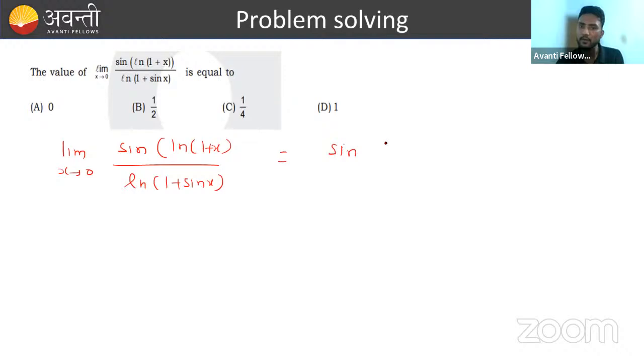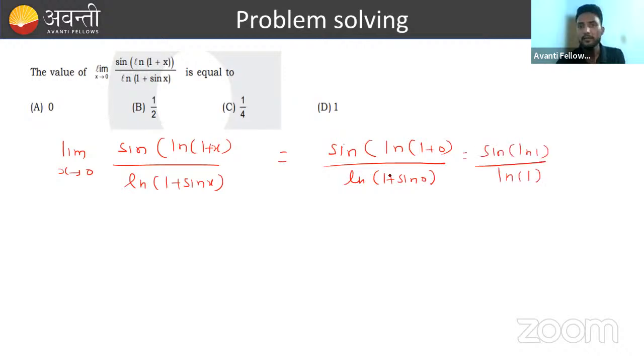So sine of ln 1 divided by ln of 1. You know that ln 1 is 0 and sine 0 is 0, and ln 1 is also 0. So we are getting 0 by 0 form. It means now we can use L'Hospital rule, LH rule. Okay, we are good to go.